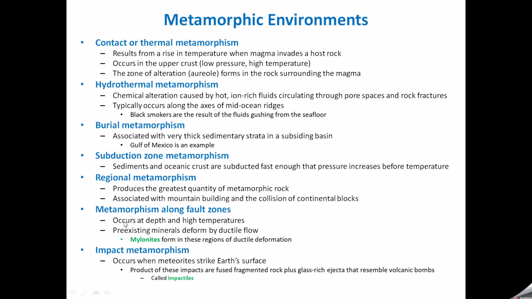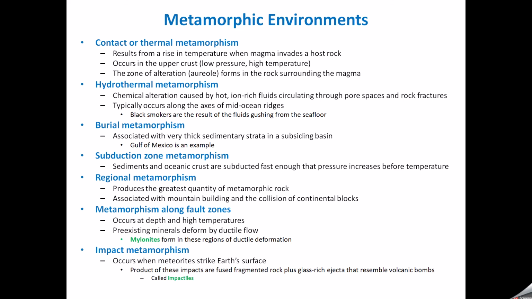Metamorphism along fault zones occurs at depth and high temperatures. Okay, high at depth and high temperatures. Pre-existing minerals deformed by ductile deformation. So rocks at the deeper part of the fault zone will deform as ductile, will have a ductile deformation.